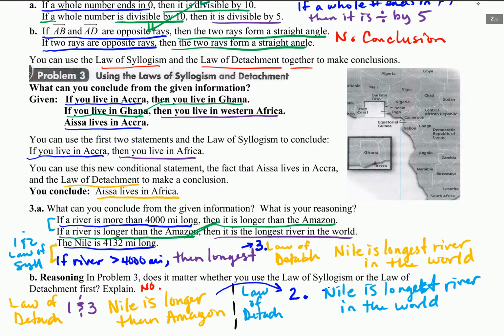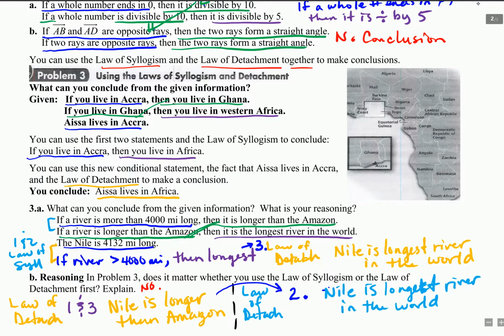So you should be thinking law of syllogism. And then our third statement says if the Nile is 4,132 miles long. Now you should say to yourself, hey, up here we had a requirement that said more than 4,000 miles. We've got a more than 4,000 mile river here. So that should look like the law of detachment.